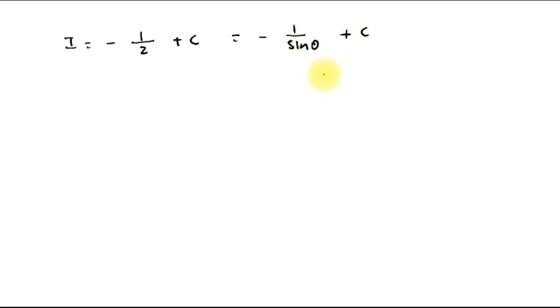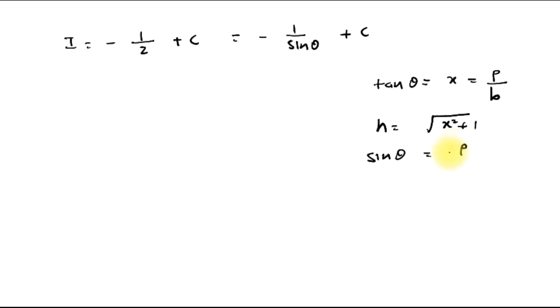Since we assumed that tan theta is equal to x, this is equal to perpendicular over base. So if we find the hypotenuse, it is equal to under root p square plus b square, that is under root x square plus 1. So sin theta is nothing but perpendicular over hypotenuse, p over h, so sin theta can be written as x over under root x square plus 1.